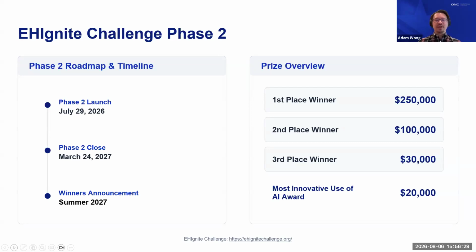They're competing for a grand prize of $250,000. Second place will get $100,000, third $30,000. And there is a separate award for which all teams are eligible however they place during the final judgments. It is the most innovative use of AI award, which is $20,000.